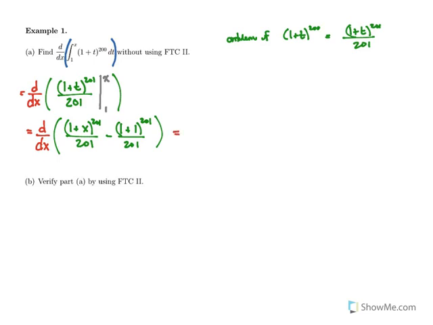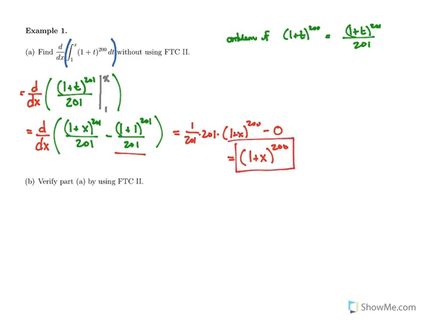So the derivative of 1 plus x to the 201 over 201 is going to be 1 over 201 times 201 times 1 plus x to the 200 using the chain rule, and the derivative of a constant is 0. So this just becomes 1 plus x to the 200.